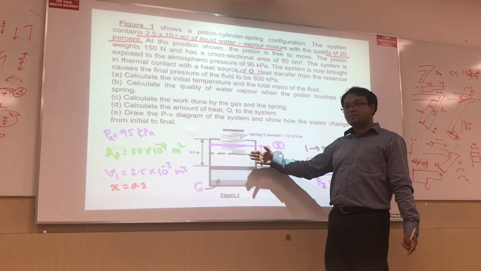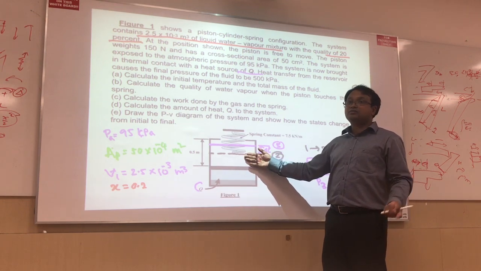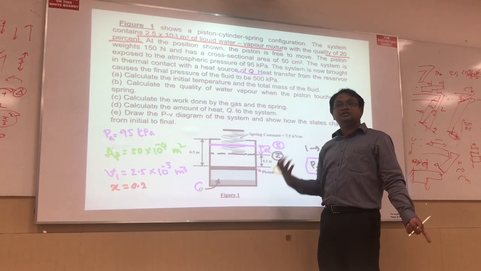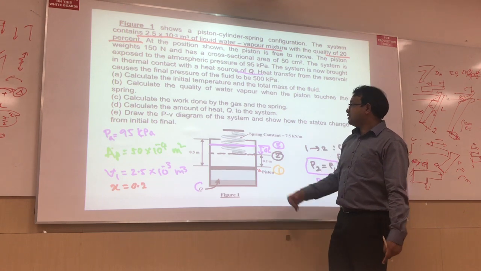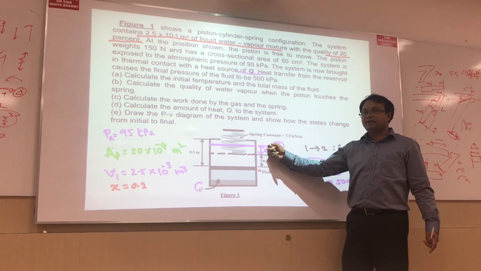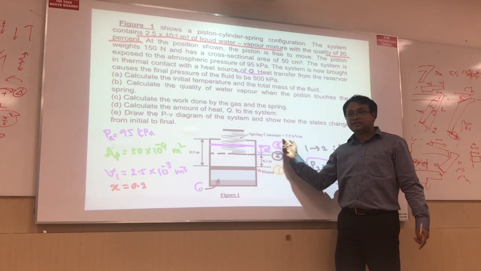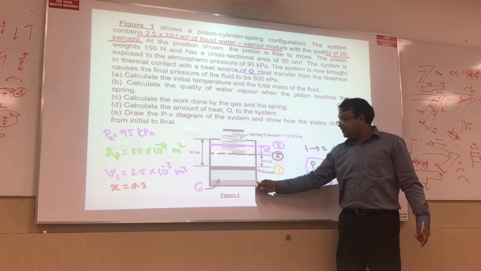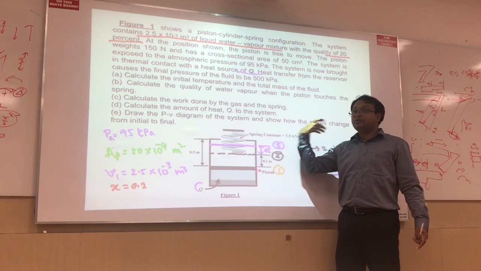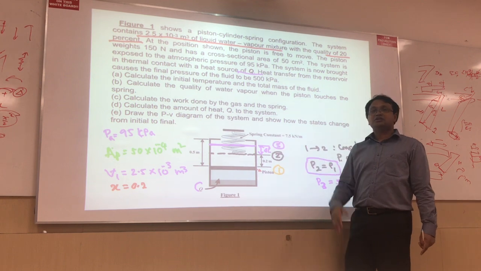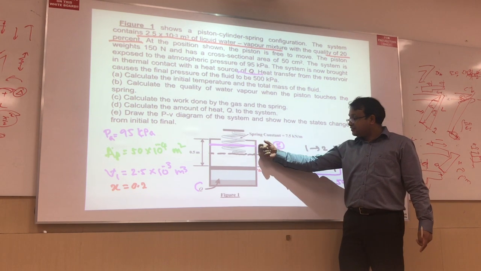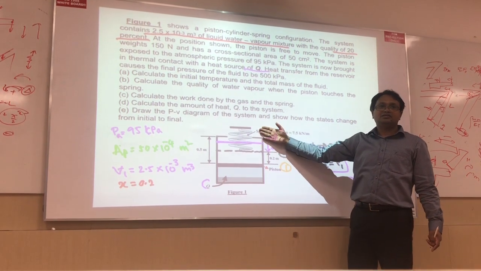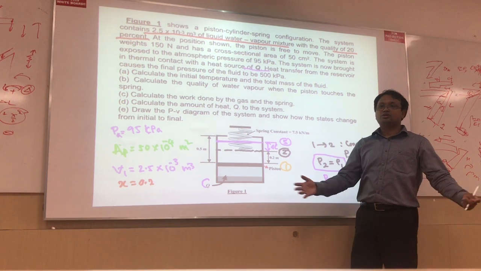Then I select whether this is superheated vapor or a liquid plus vapor mixture. If it is a liquid vapor mixture, I can calculate the quality easily. Then I have to calculate delta L, because I know the spring constant. When I know delta L, I can calculate total V3. Total V3 by mass gives the specific volume. At state 3, I know pressure P3, 500 kPa. Then everything is done and the question is solved.